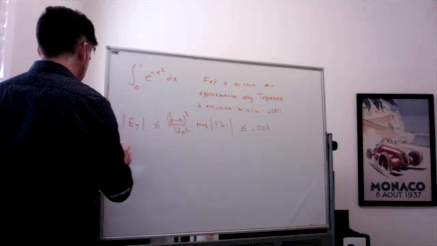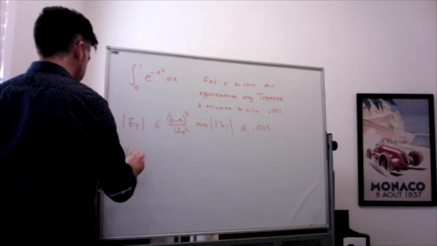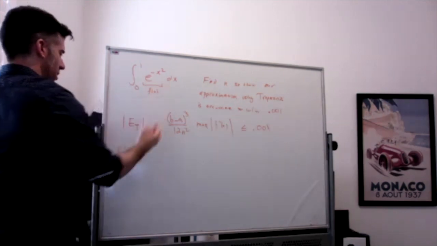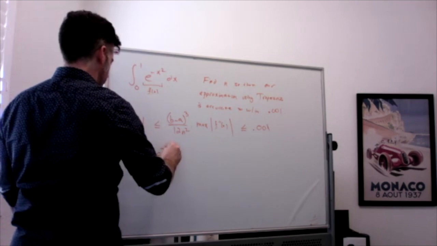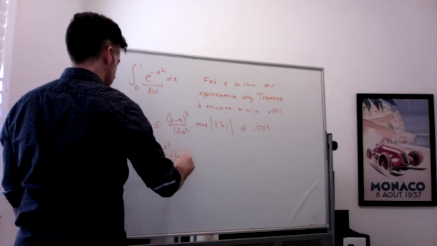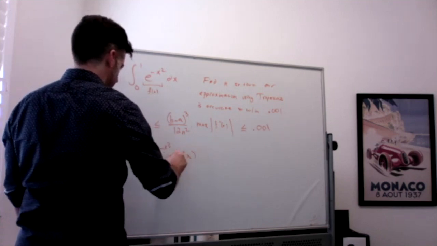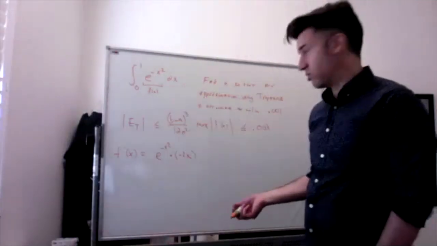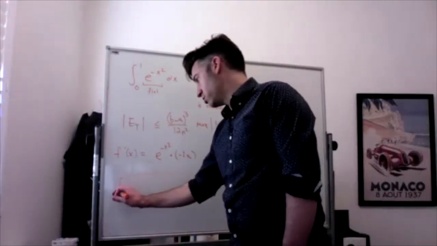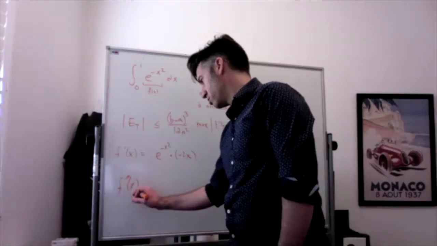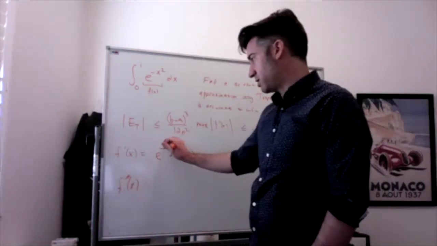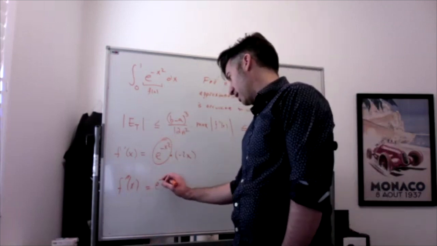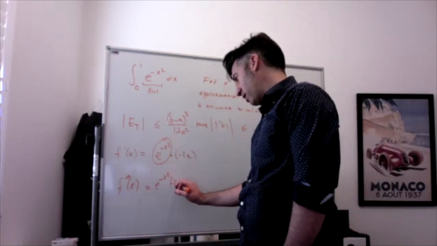So our first derivative of e to the negative x squared, where that's your function, is going to be e to the negative x squared times negative 2x. Okay, so far so good. Our second derivative, we have to use the product rule. So the derivative of just e to the negative x squared is, again, e to the negative x squared times the negative 2x.